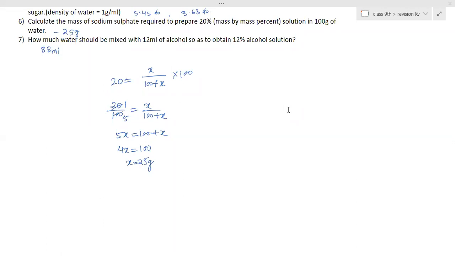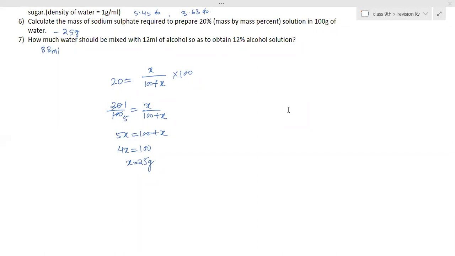What are emulsions? A liquid in a liquid, which do not mix. Yes, right. When a liquid is dispersed in a liquid, it is called an emulsion. What are aerosols?